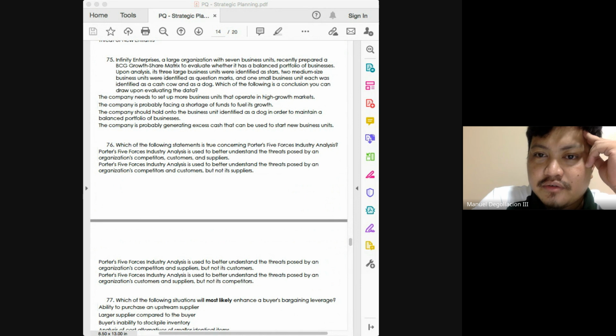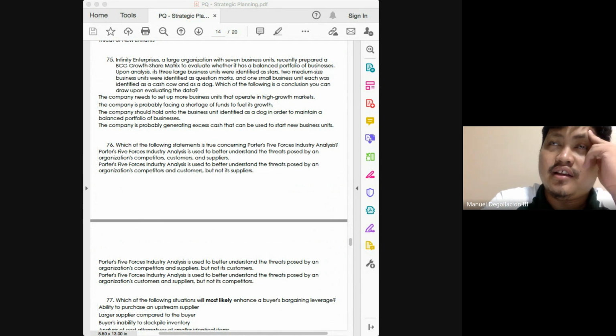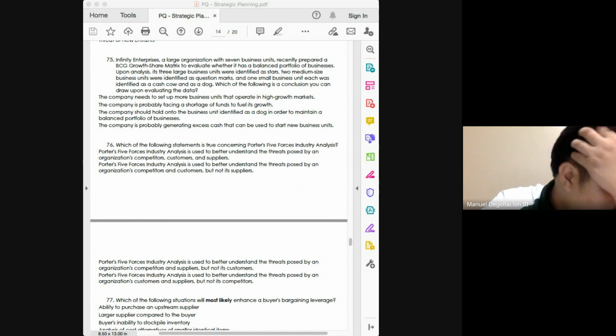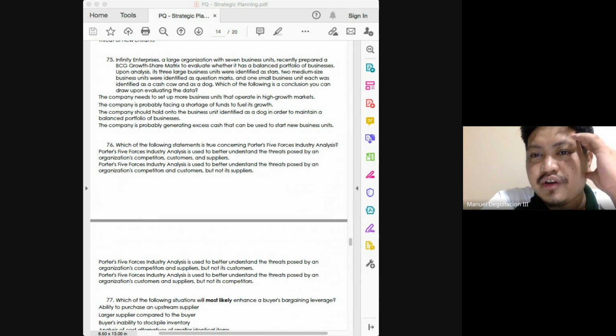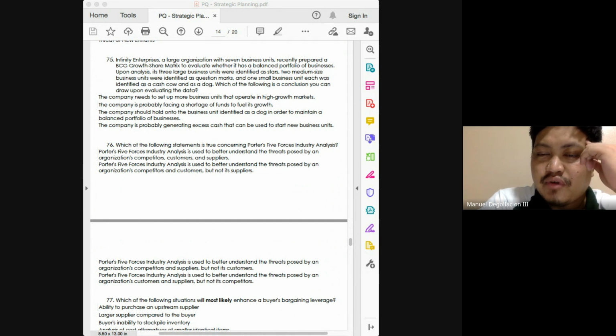It's a cash cow if you have a big existing market share, and it's a dog if you only have little market share. So out of these four, the dog would be the most undesirable. It is in a low growth market, and at the same time you have a small market share.